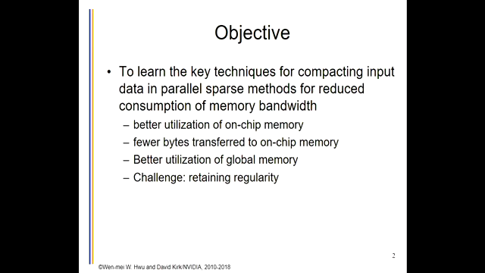And the challenge is that whenever we compact these data sets, how do we retain enough of the regularity that we can still use something like a GPU, which requires regularity and massive parallelism, and all the threads need to do pretty much the same thing? So if we compact data, how do we maintain that regularity? How do we make sure that the memory accesses are still coalesced and so on?